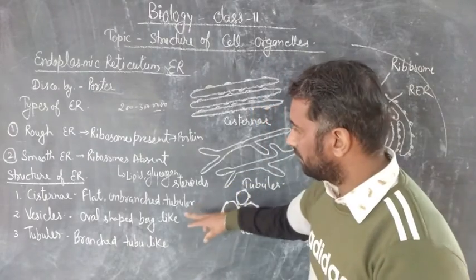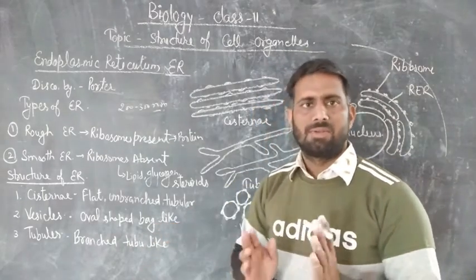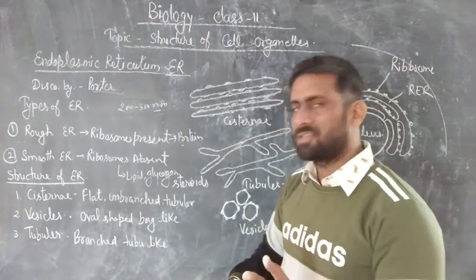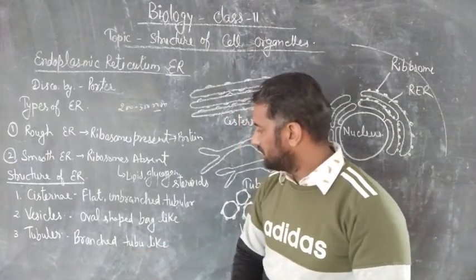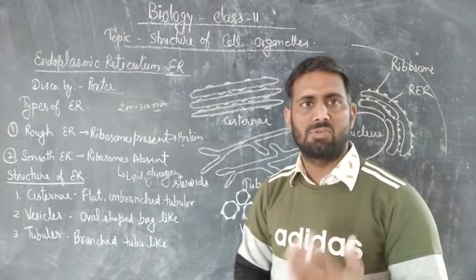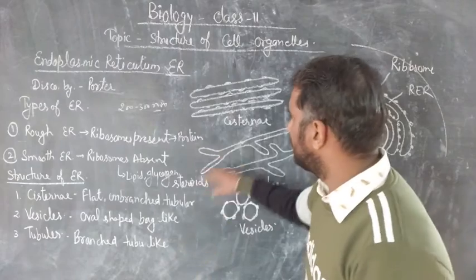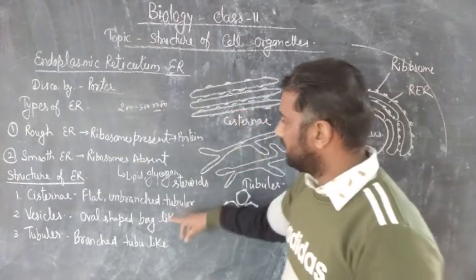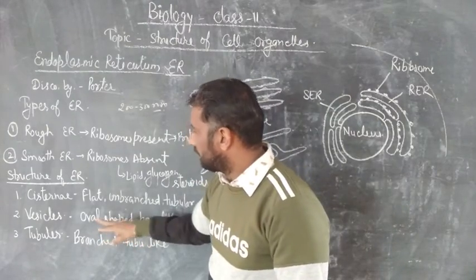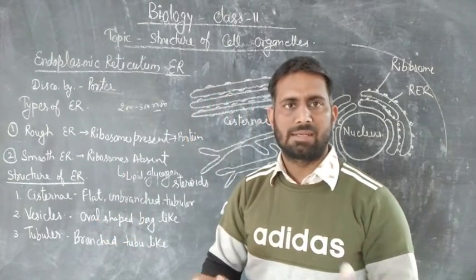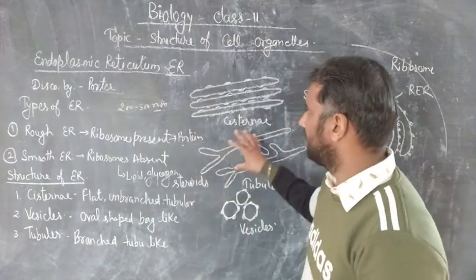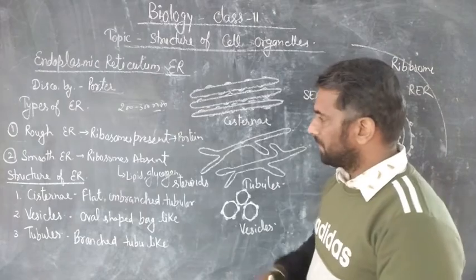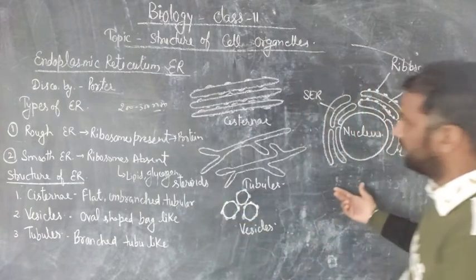Okay, tubules are branched tube-like structures. They have tube-like extensions which interconnect the cisternae to each other and with vesicles, and are attached with vesicles to form the endoplasmic apparatus.